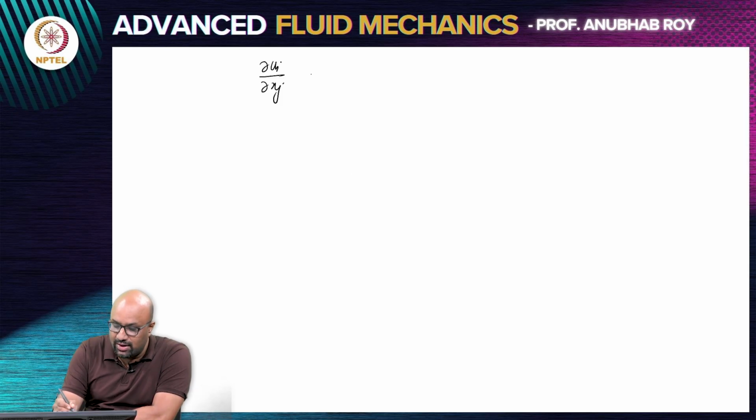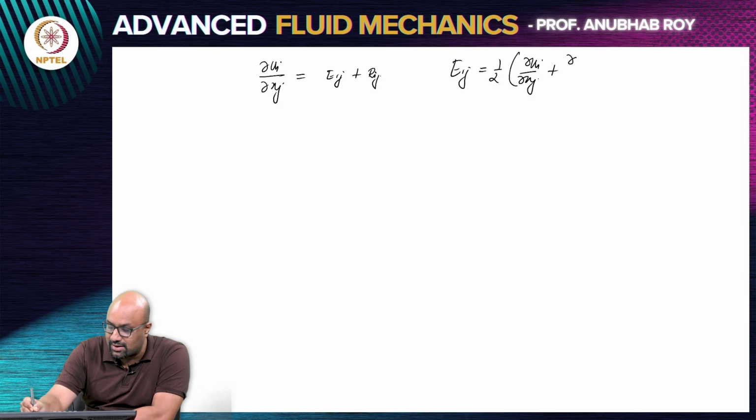What do we make sense of those 9 elements? So rather, by doing this split, the symmetric part is what I'll call the rate of strain tensor. So E_ij is the rate of strain tensor, that's the part that is symmetric, and the antisymmetric part is the rotation tensor.